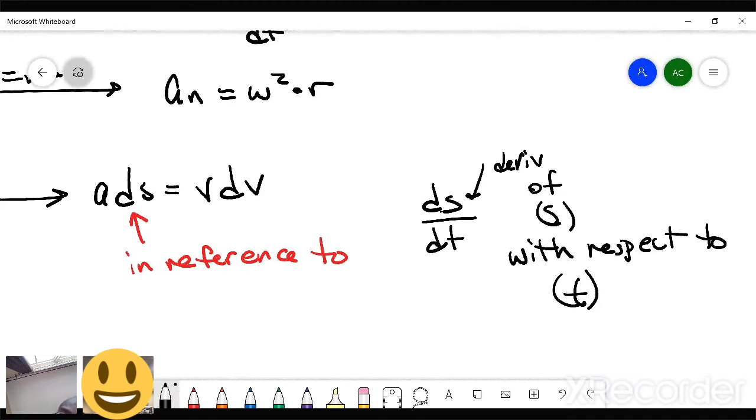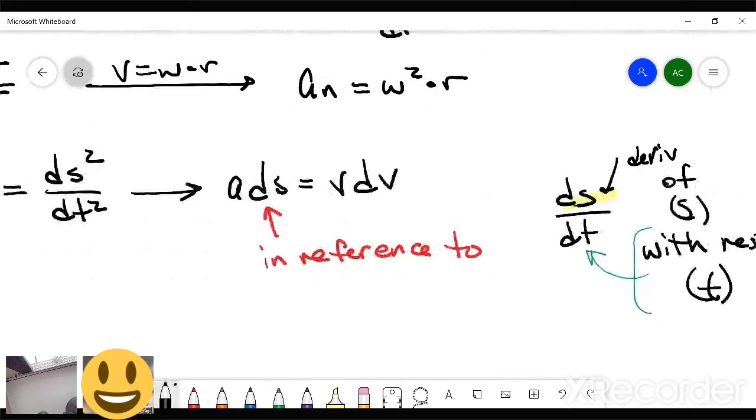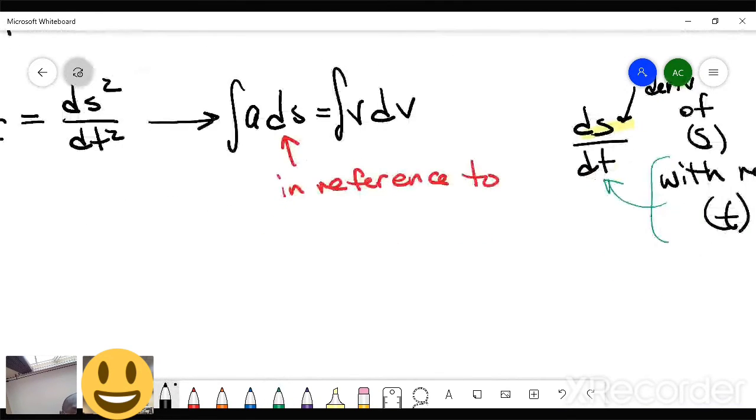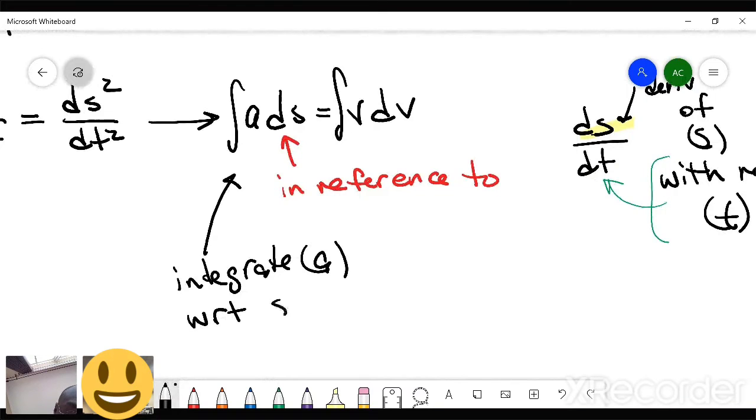So the derivative of the top guy, and the bottom guy is your reference. The with respect to, that's what the bottom dt represents. It's your reference. So what this means is we're going to have to take the integral, because that's how that works. It means you're going to integrate a with respect to s.